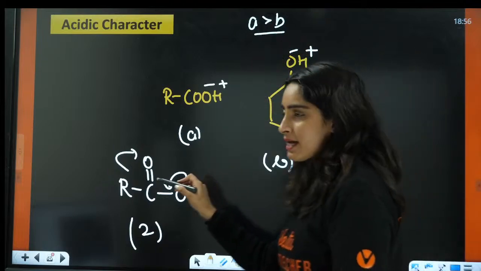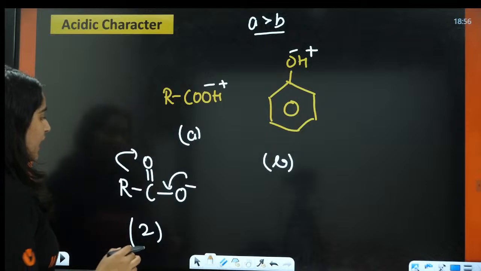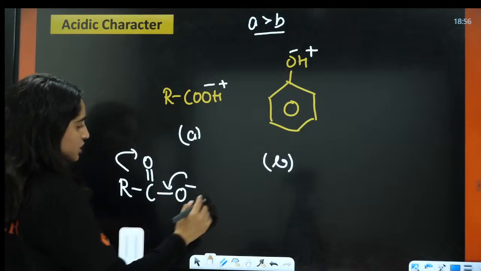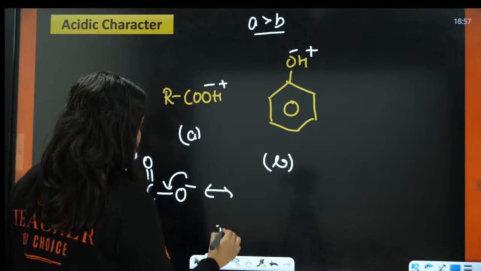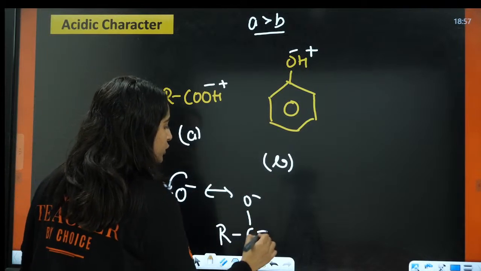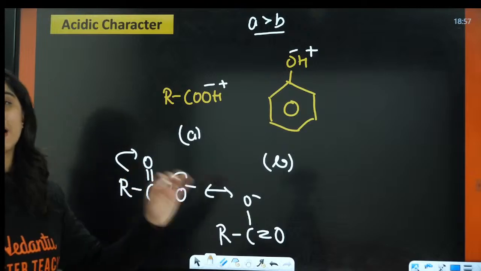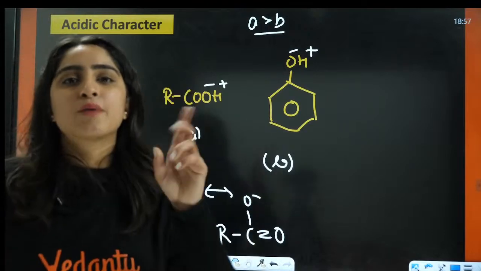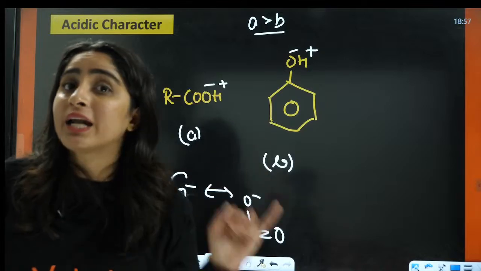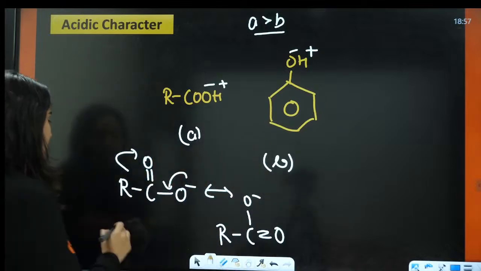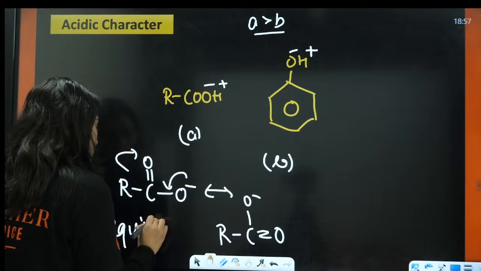The reason is the resonating structures of A are equivalent to each other. If you draw them, they are equivalent. And equivalent resonating structures are more stable as compared to non-equivalent ones, which is why I write it as equivalent.